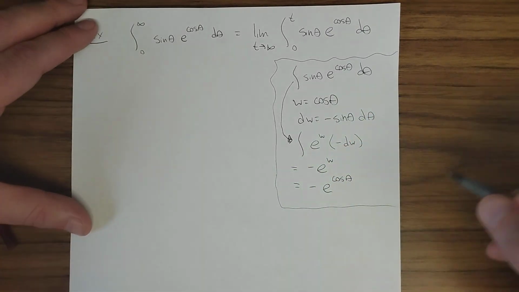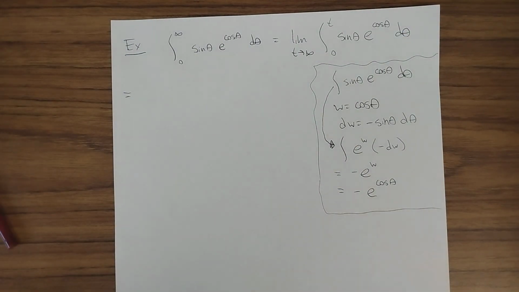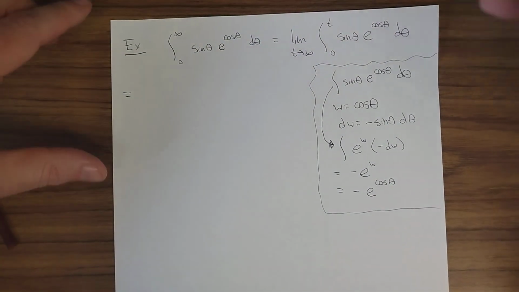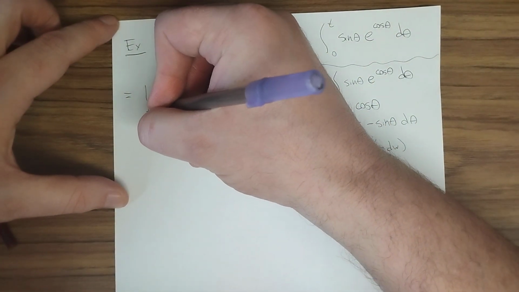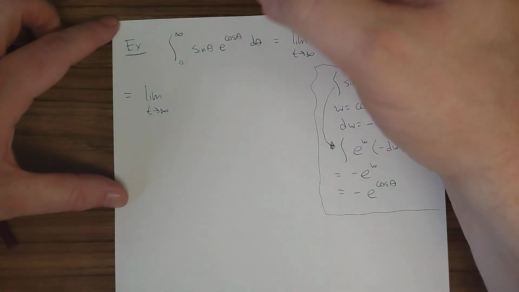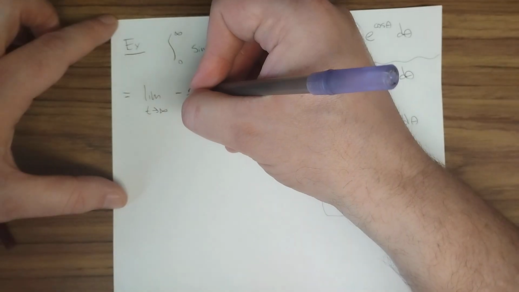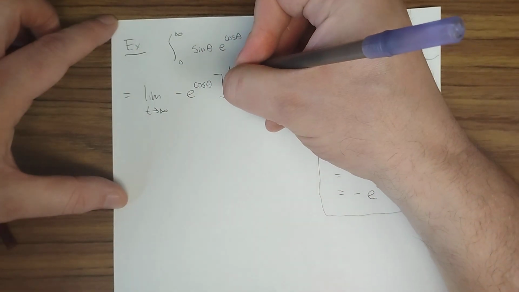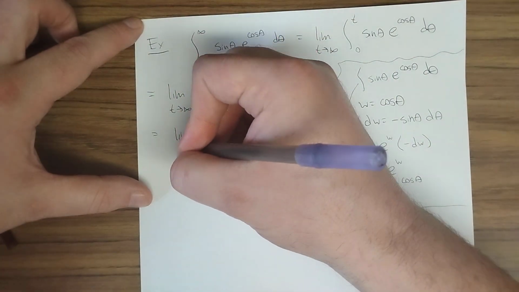Okay. Going back to what I was doing. Limit as t goes to infinity. I just found this antiderivative, it's negative e to the cosine theta, from 0 to t. So what is that?